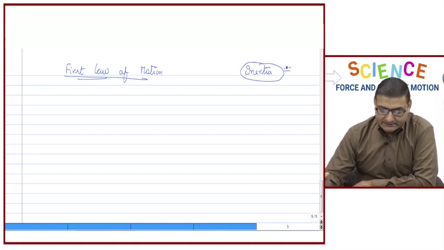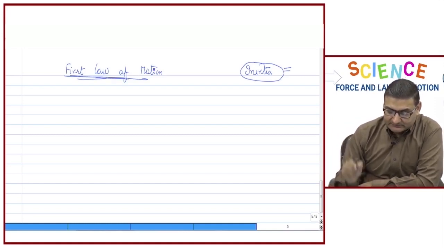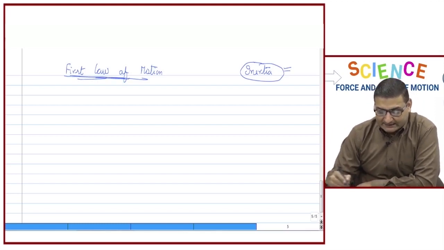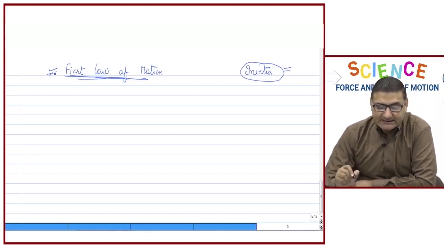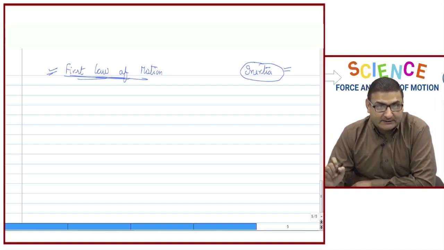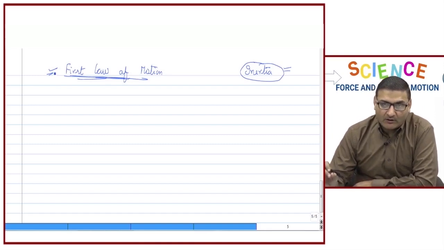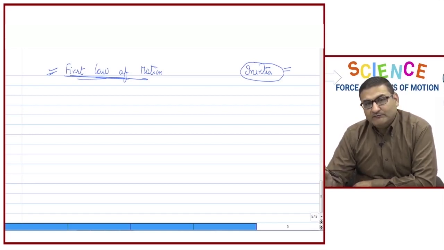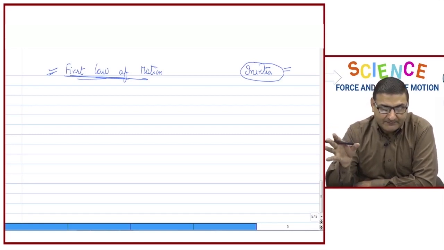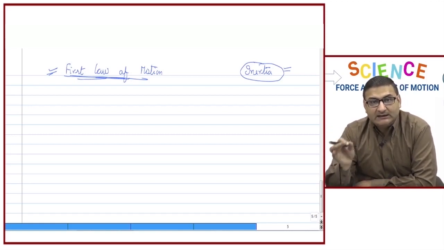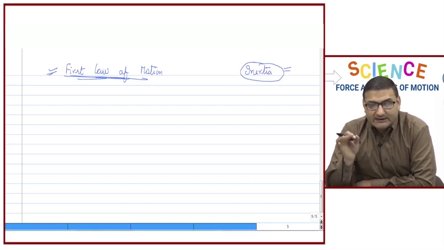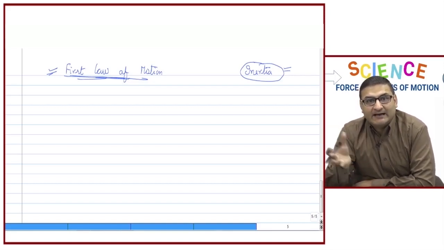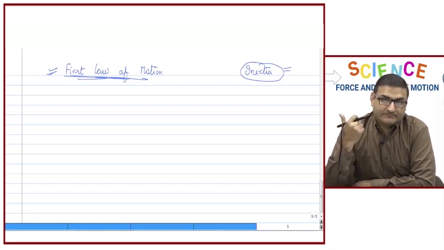Now, based on this inertia, Newton gave his first law of motion. Now, what exactly does Newton's first law of motion state? It states that any particular object remains in a state of rest or in a state of uniform motion in a straight line, of course, if it is moving, right, unless it is compelled to change its state by some applied force, by some external force.